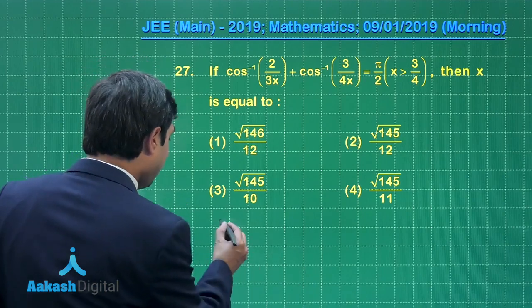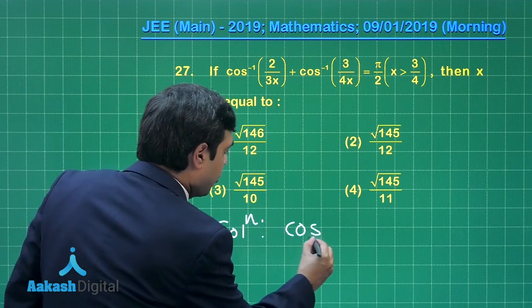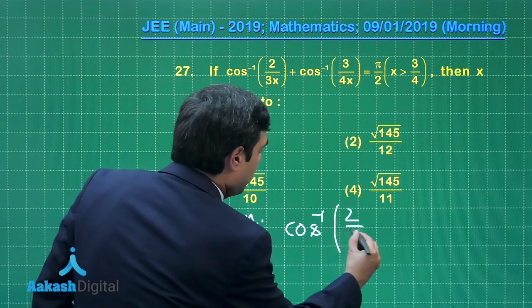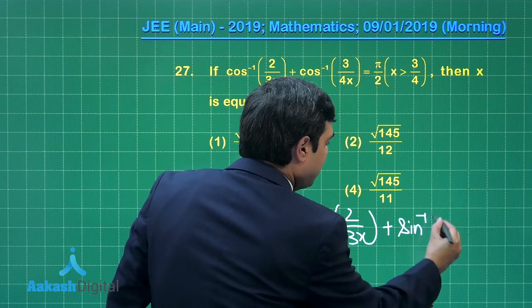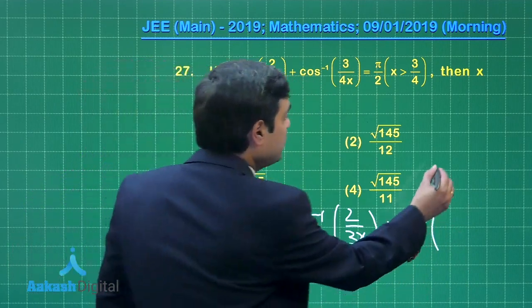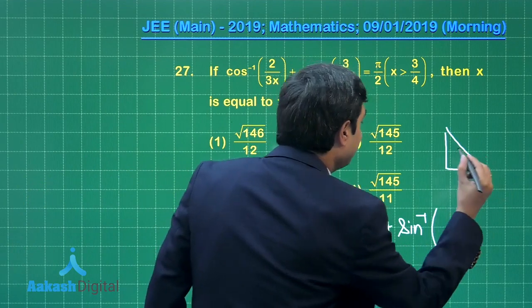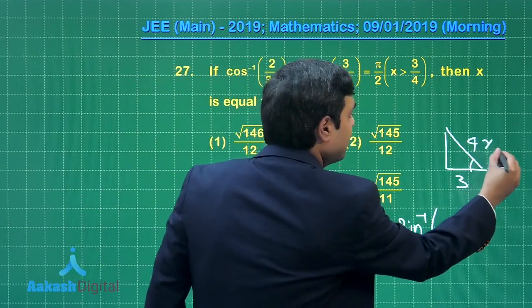So, rewriting the given equation as cos inverse 2 by 3x plus sine inverse. What do we need for this sine inverse? We need to go with the triangle approach, like we have the sides in this fashion. We have cos angle 3 by 4x.